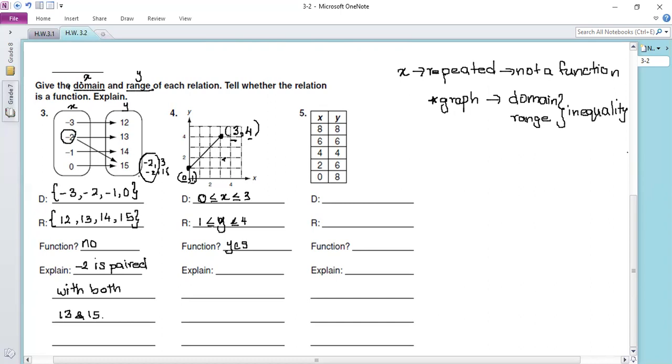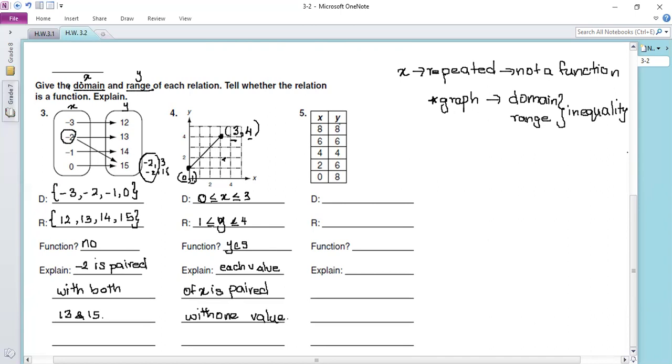You just have to say each domain, or you could say each value of x, or each value of domain, totally up to you. Each value of x is paired with one value. That's all. You can, as I always say, give your own explanation, but it needs to have the same idea.